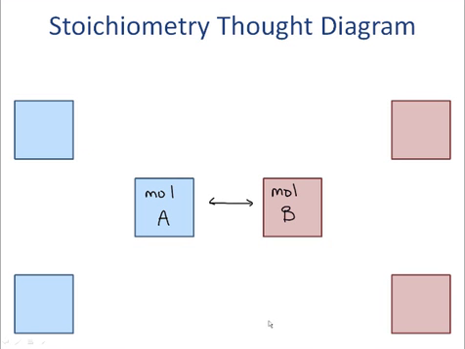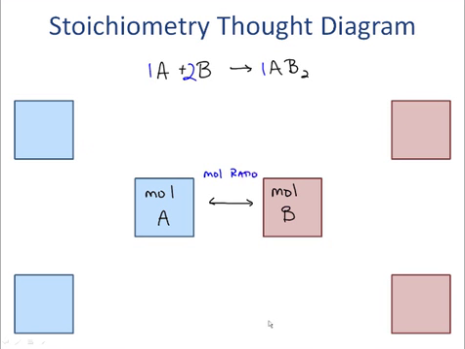So what you're going to need is a balanced equation with some coefficients. So I would need a 2 right there. So that'd be a 1 and a 1. So what we're going to use for going back and forth between moles and moles is a ratio of the moles.